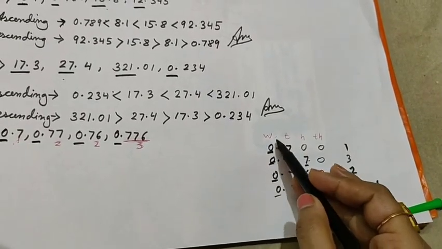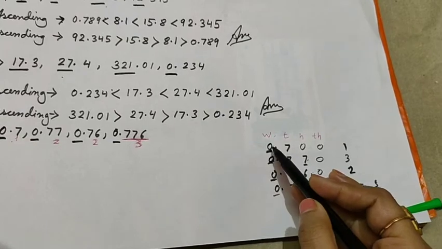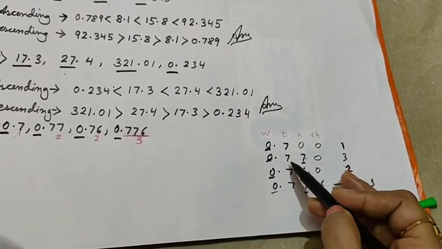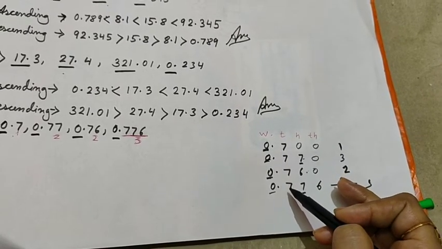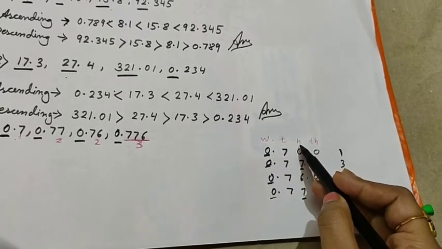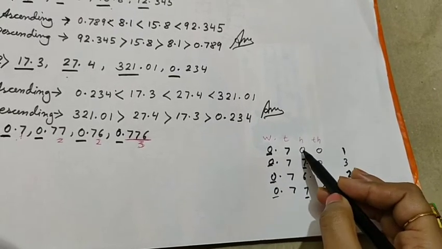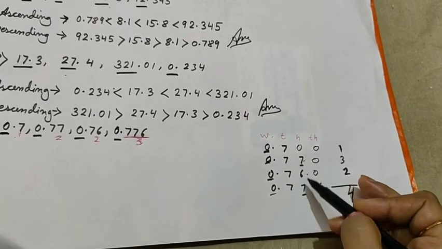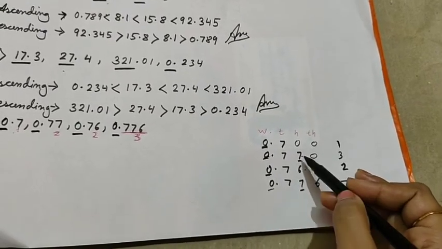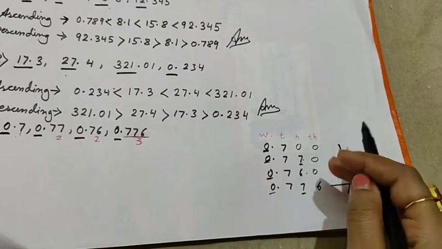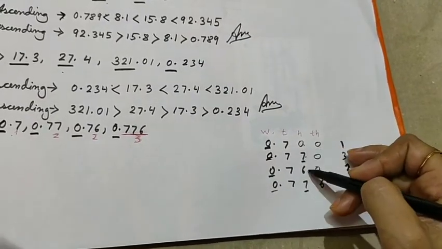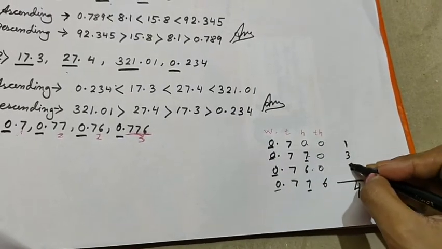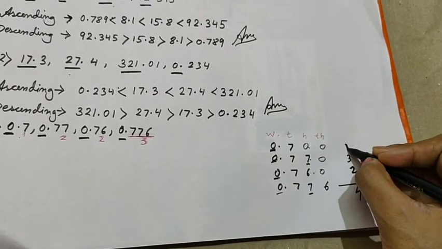Understood? First we will compare the whole numbers part. Now when the whole number digits are same, we will compare the tenth digit. Now all the tenth digits are same. Now we will compare the hundredths digit. Now in the hundredths digits, there are 0, 7, 6, 7. These two 7s are same, so we cannot say which one is greater. We can't come to this conclusion. First we will compare this and this. As we know 6 is greater than 0, so we will put 2 for 6 and 1 for 0, because 0 is the smallest.